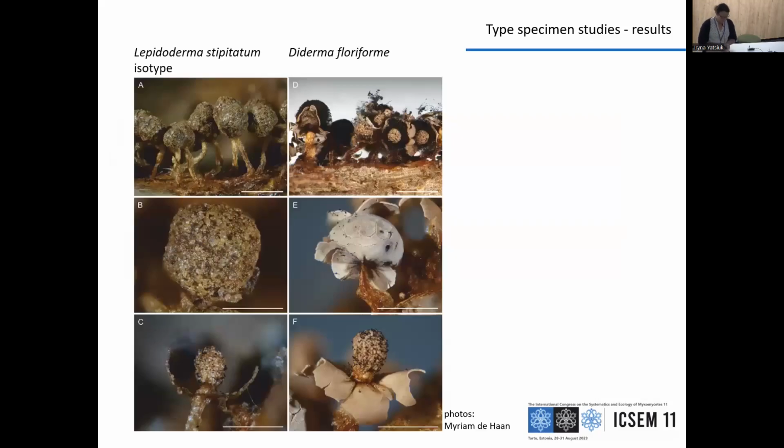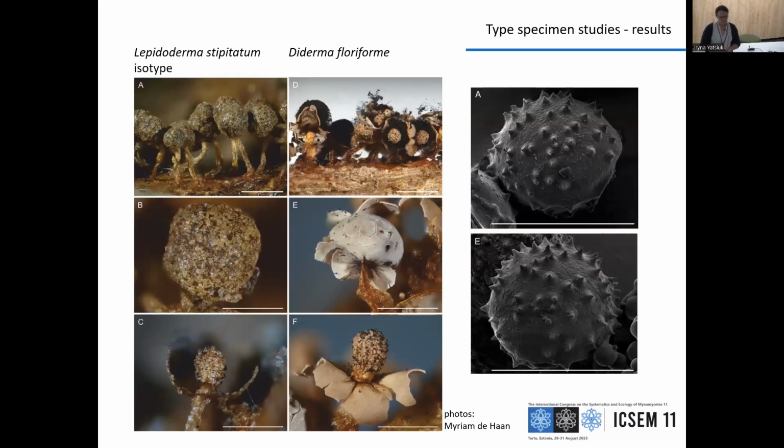And also when you look at the morphology of these two species, you can see that the only difference is the structure of the peridium, which is crystalline in Lepidoderma stipitatum and Diderma-like in Diderma floriforme. And when you compare the spores of these two species, which are unique among myxomycetes, because no other myxomycetes have such a spore, you have no doubt that they are the same, even solely on morphology.